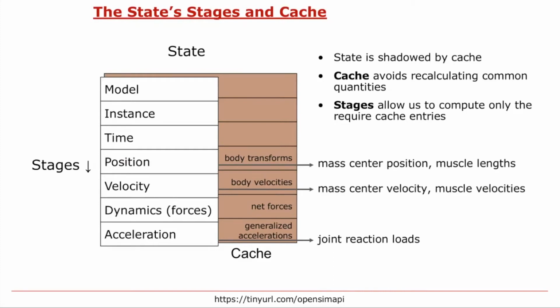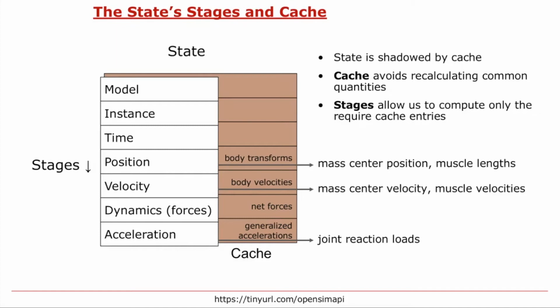A state realized to the position stage can be used to compute position-level quantities, such as the mass center position, without needing to recalculate any of the body transforms. A state realized to the velocity stage can be used to compute velocity-level quantities, such as the mass center velocity. A state realized to the acceleration stage can be used to compute joint reaction loads, which depend on generalized accelerations.